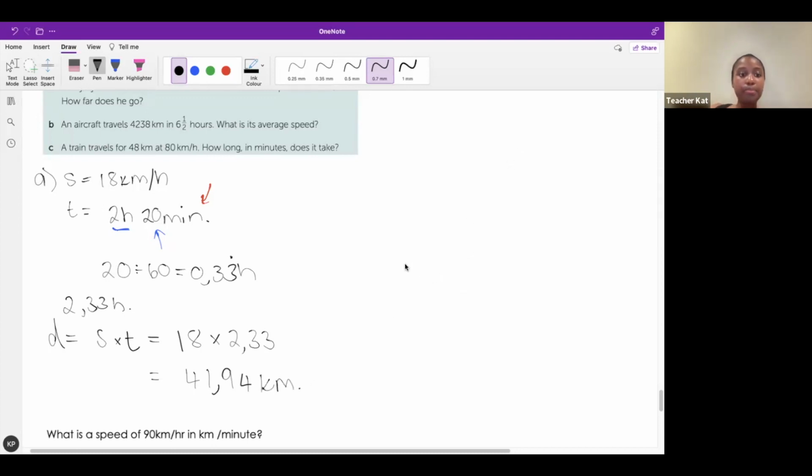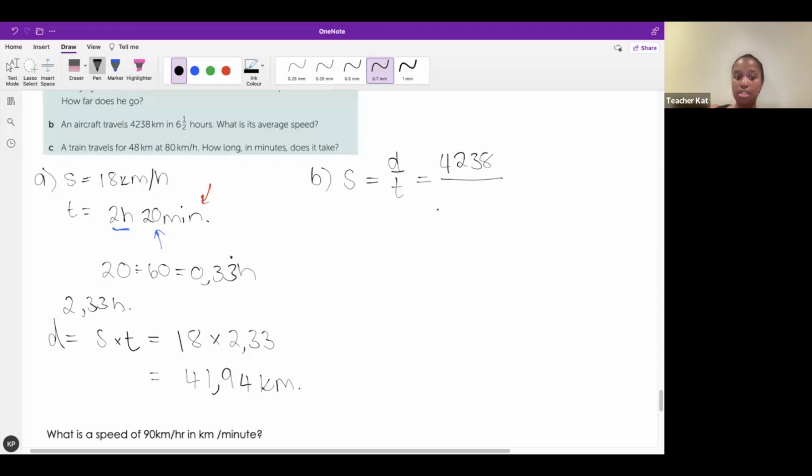Okay. Number B, an aircraft travels 4,238 kilometers in 6.5 hours. What is the average speed? My formula for speed again is distance over time. And we know my distance is 4,238 over, how do I write 6.5 as just the number?